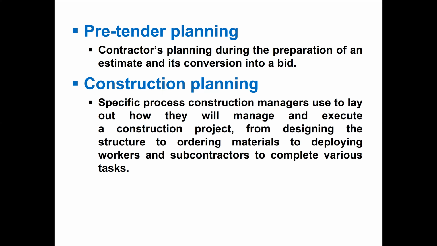It's also the cost for arranging bonds, bid bond, performance bond. So we have to include all these things in the indirect cost. Our estimate should be as accurate as possible before submitting the bid, so that we do not make a loss in the project when we get the project.